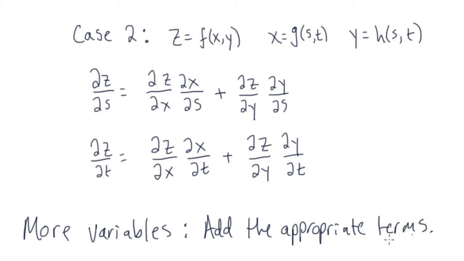What I mean by that is, if you had another intermediate variable, say z, then you would just add on the contribution from that variable. This is just one of those things where you think about it and wrap your head around it, and it's very natural. You just keep adding these partial derivative factors for all of your intermediate variables and for each one of your independent variables.